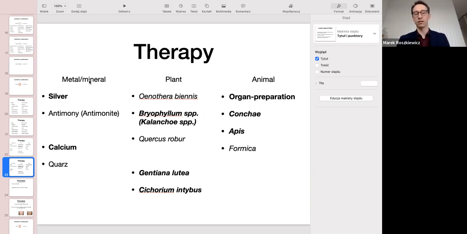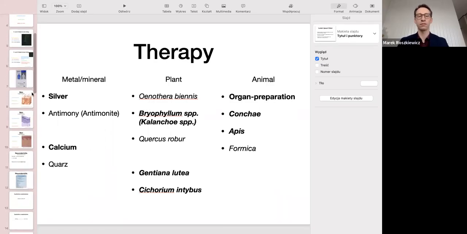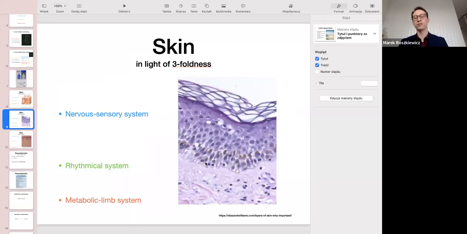For example, from the metal or mineral side, I would say silver is the most important in atopic dermatitis, as the skin, from the physiology, is very connected also with the moon. The way of the epidermal cells starts here, and it takes about 28 days to come here. As you know, the lunar cycle is also 28 days.